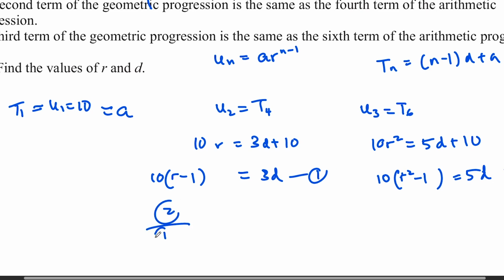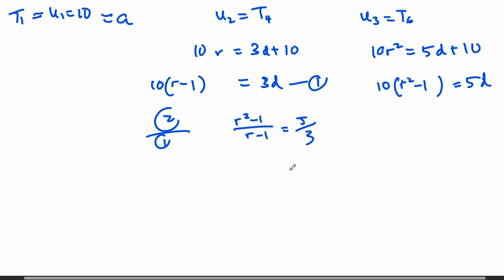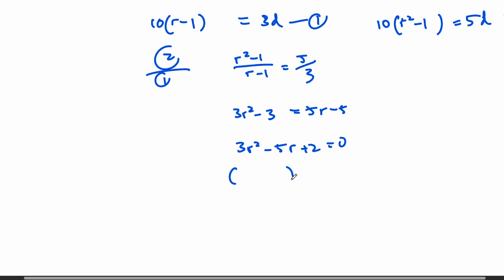I can take one divided by the other. I'm left with this one. Okay, so far, and we can cross multiply this, and now we are left with a quadratic equation in terms of r, which should be factorable.